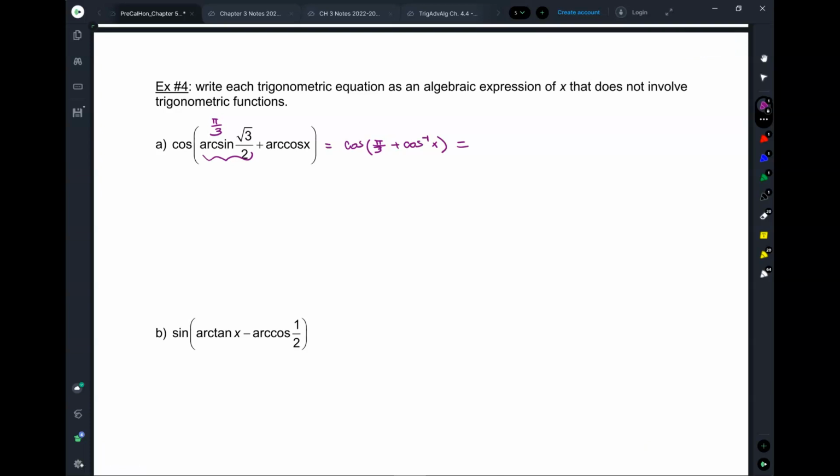Okay, now look, I have cosine of a sum, right? So since it's cosine, it's going to be cosine, cosine, sine, sine, right? So it's going to be cosine minus sine.